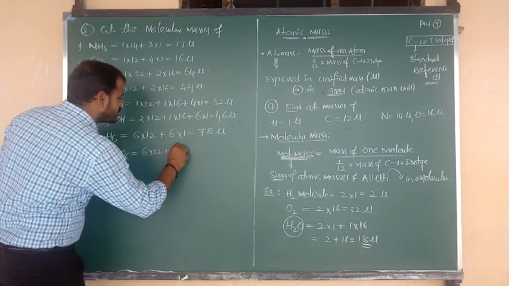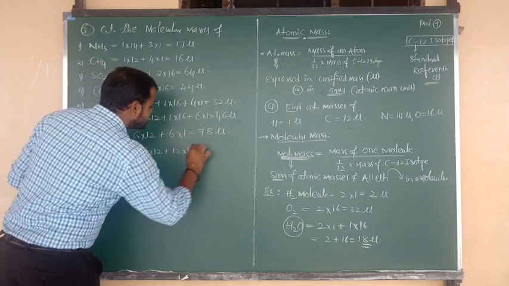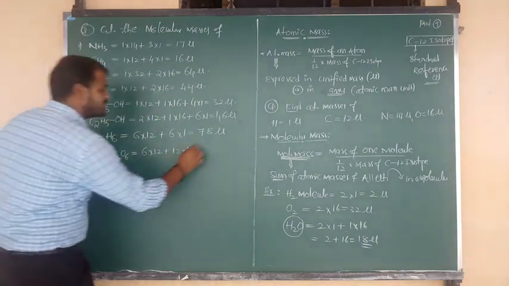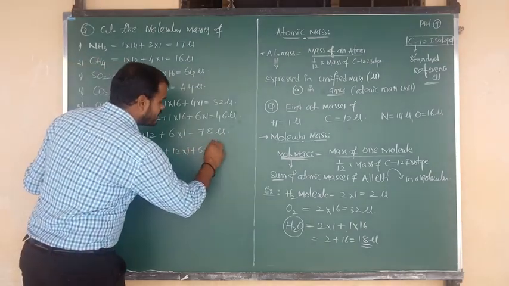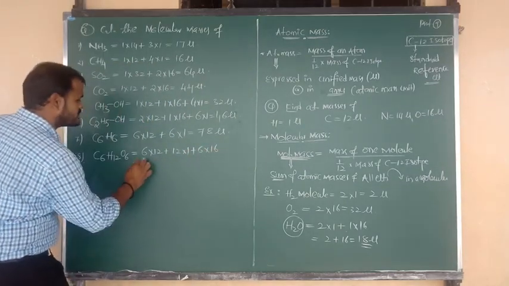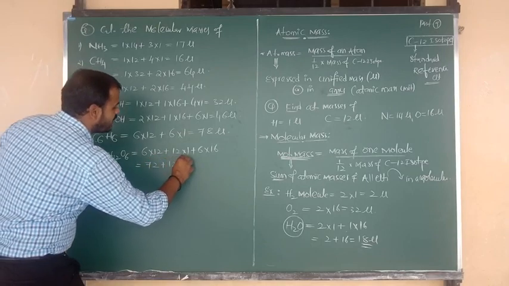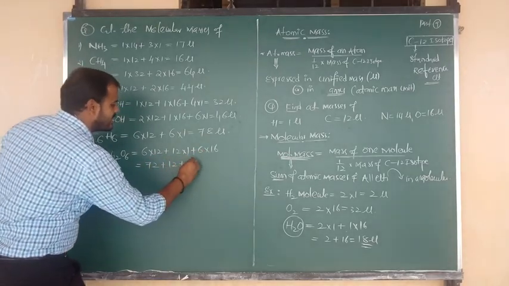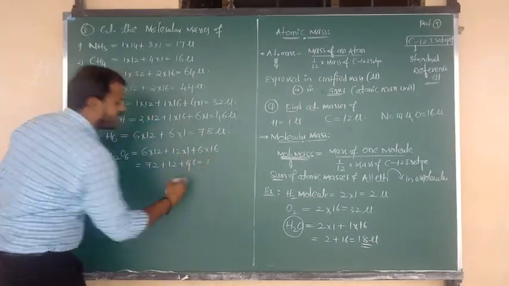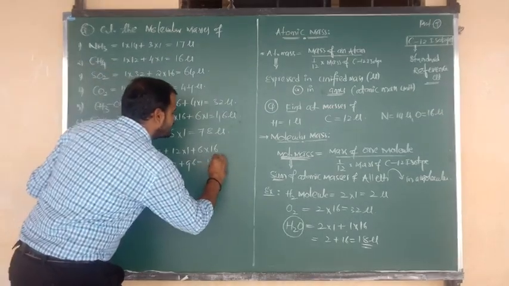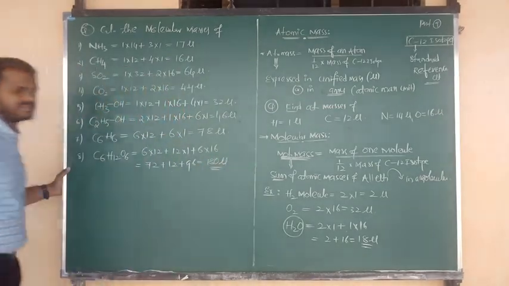Number of hydrogens is 12. Each hydrogen atomic mass is 1. Number of oxygens is 6. Each oxygen is 16. So total, 12 6s are 72, 12 1s are 12, and 16 6s are 96. If you do the calculation, you will get the answer 180 unified mass.